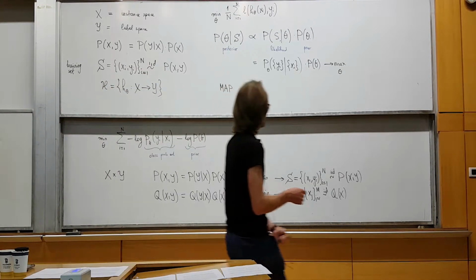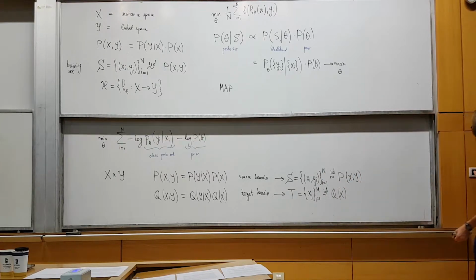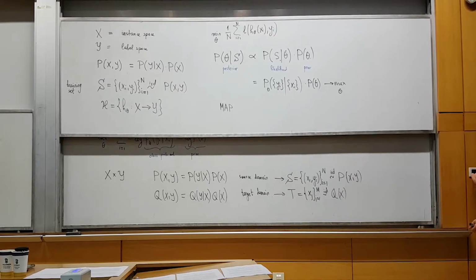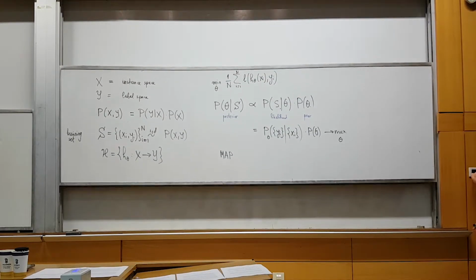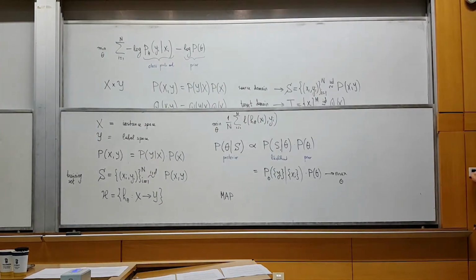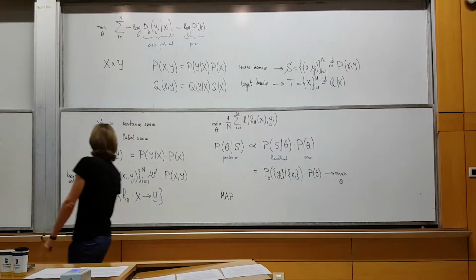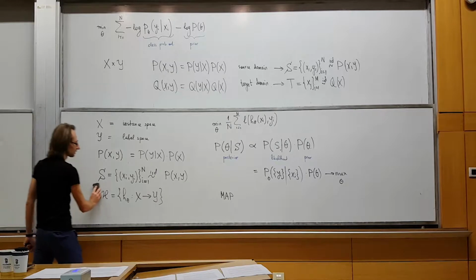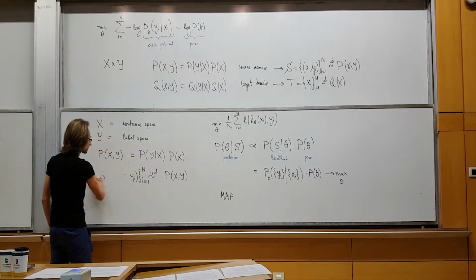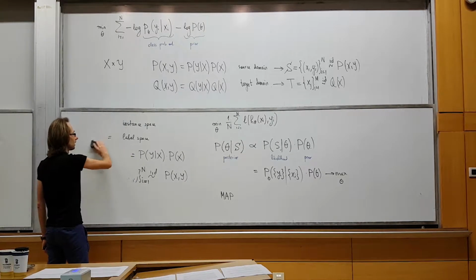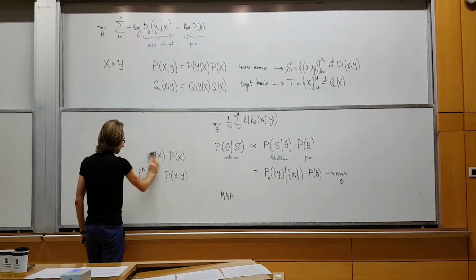So let's do the following. Let's quantify how well the classes are separated. Saying how well the classes are separated is equivalent to saying how much uncertainty we have in a label given an x, right?